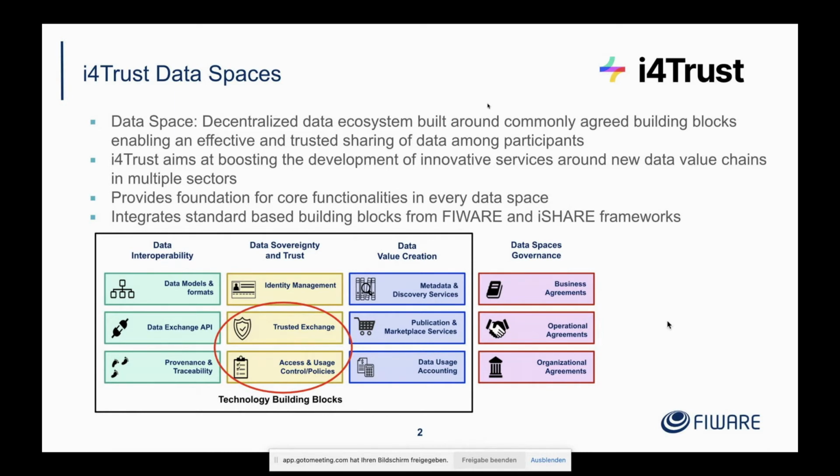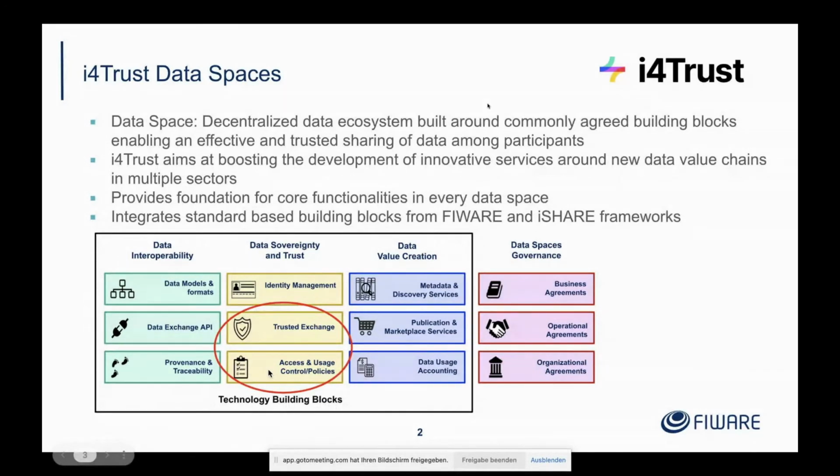And these building blocks, shown here, are what some data space could consist of, having different categories of blocks for data interoperability, sovereignty and trust, and for data value creation. Since we are in the webinar about API Umbrella, we are focusing on the trusted exchange and the access and usage control and policies part.